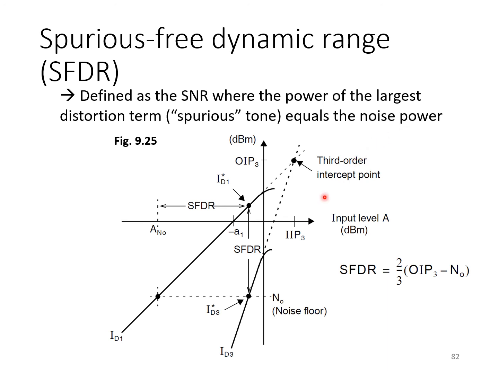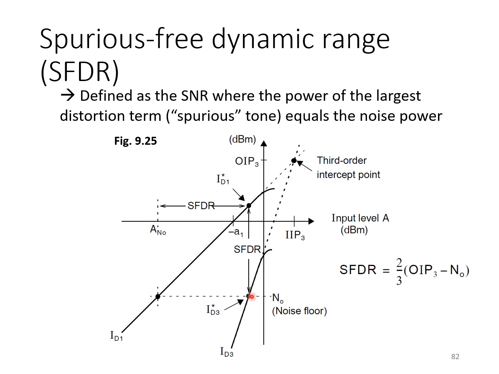So the SFDR can be read off this plot where we've swept input amplitude on the x-axis and plotted the output components on the y-axis as shown here. We just have to put notches at the input referred noise and the output noise of the circuit here.